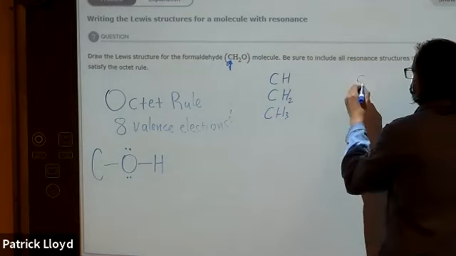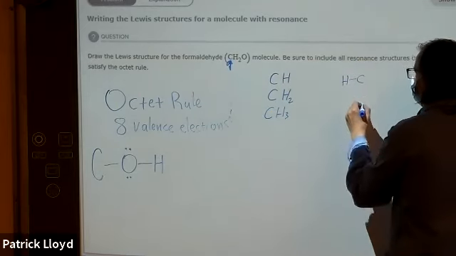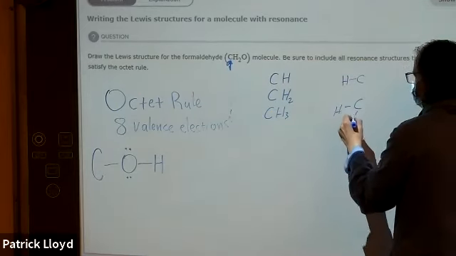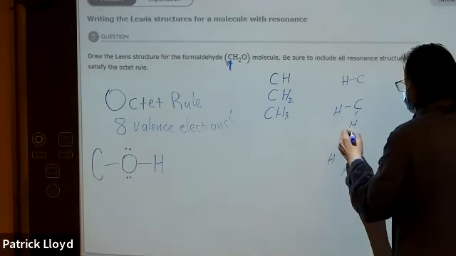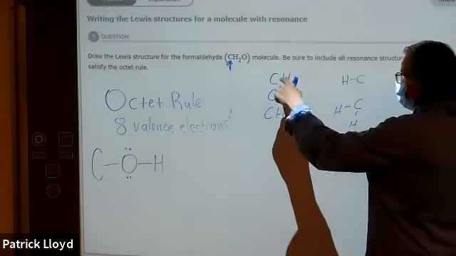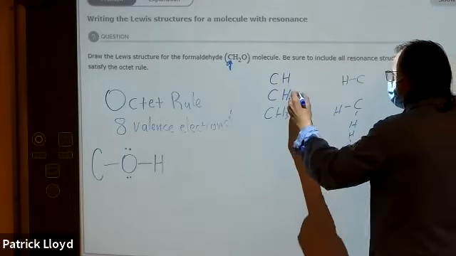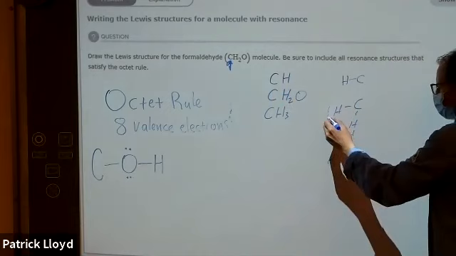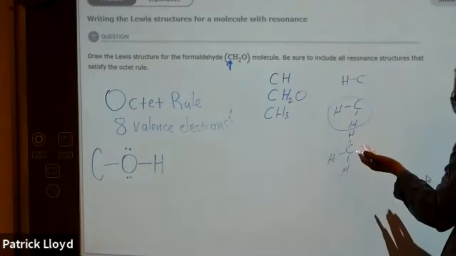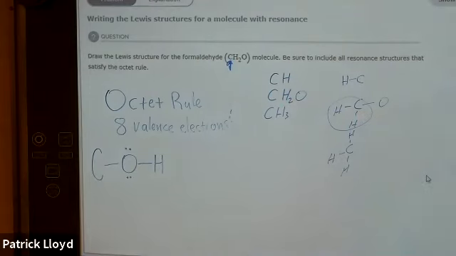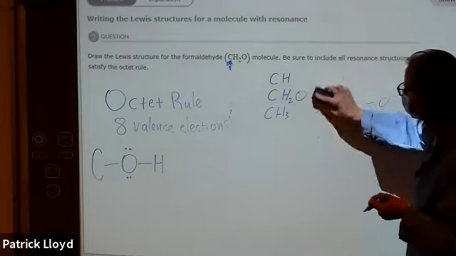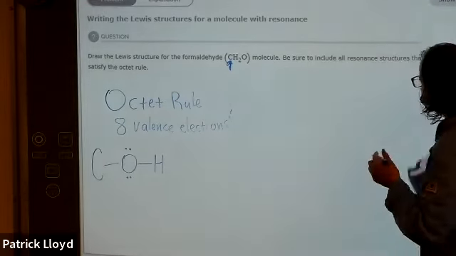So this would be CH, CH2, CH3. So it may say, for example, CH2O, but you're still going to follow CH2, but where else can the oxygen go? It's got to go on the carbon, right? It can't go to the hydrogen. So it's got to go on the carbon. So CH2 has this skeleton.